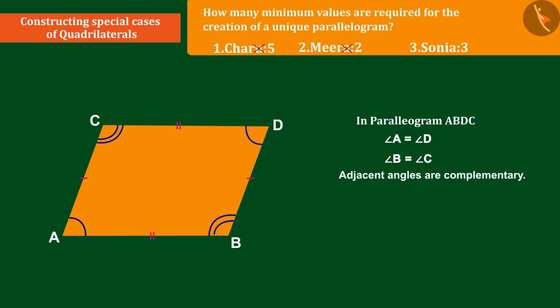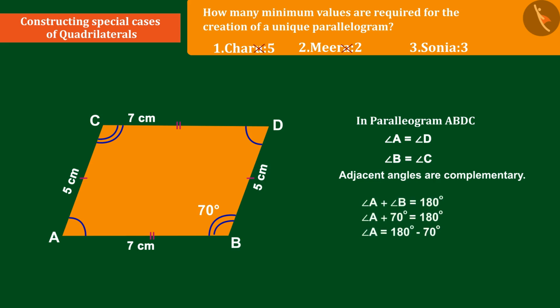For example, if the measurement of adjacent sides is 7 centimeters and 5 centimeters, and the measurement of angle B is equal to 70 degrees, we get angle A and angle D equal to 110 degrees, and angle C will be equal to 70 degrees.